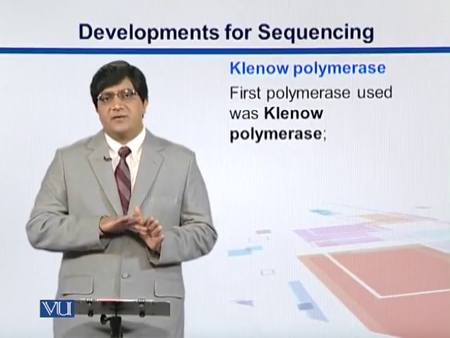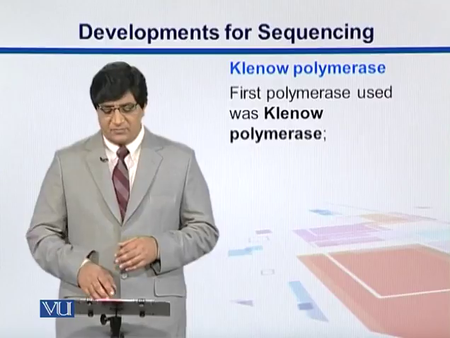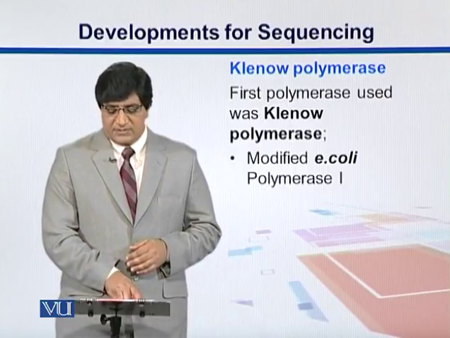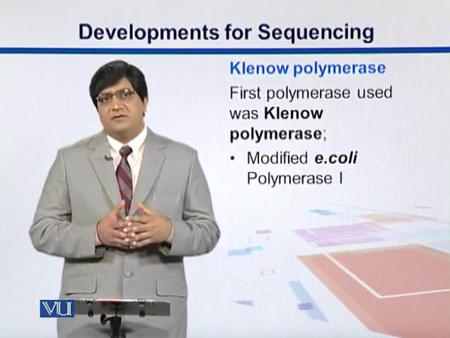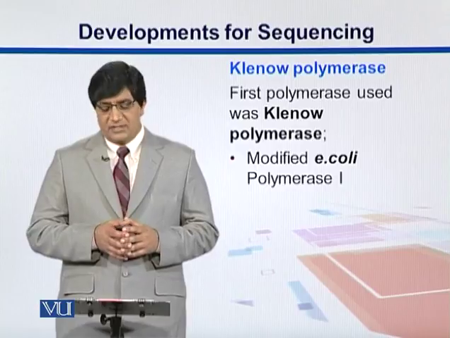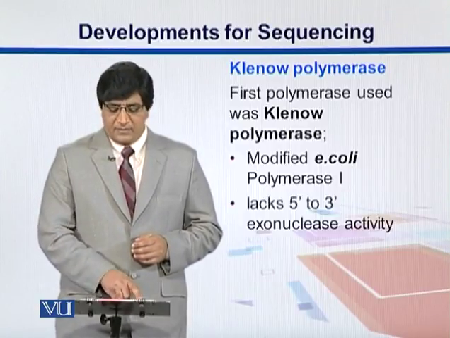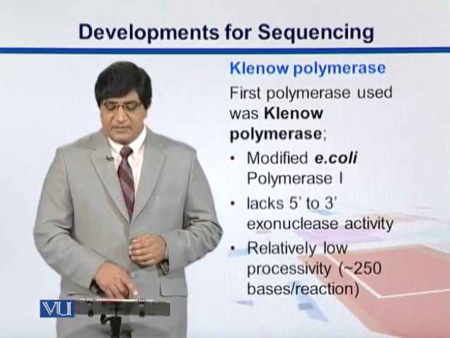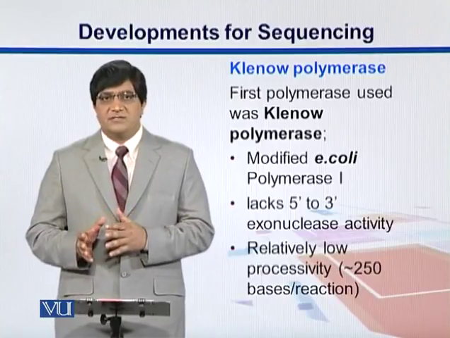If we take away that 5 prime to 3 prime exonuclease activity, the remaining part is called Klenow polymerase, and that is used in sequencing. Klenow is derived from E. coli. It is a modified DNA polymerase 1, and it lacks the 5 prime to 3 prime exonuclease activity. But the issue is that it has a relatively low processivity.